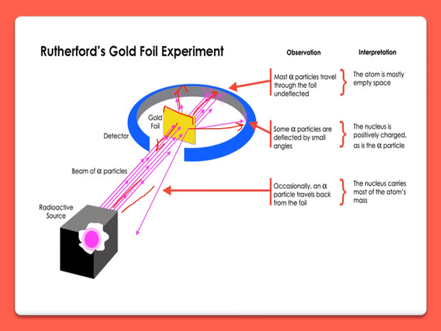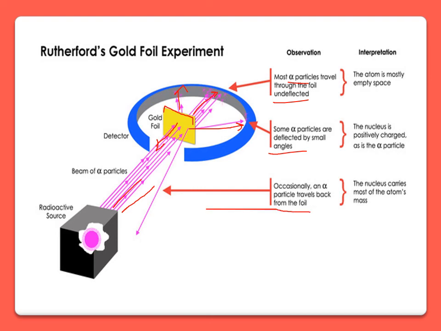So what was the observation made by Rutherford? He observed that most alpha particles travel through the foil undeflected, means straight. Some alpha particles are deflected by small angles. And the third one is very few, or 1 out of 12,000 alpha particles, travel back from the foil.